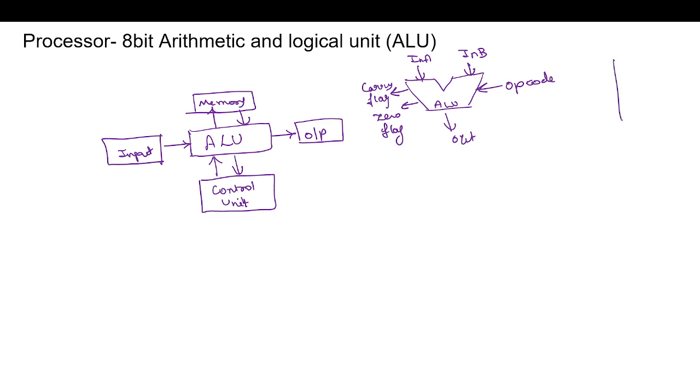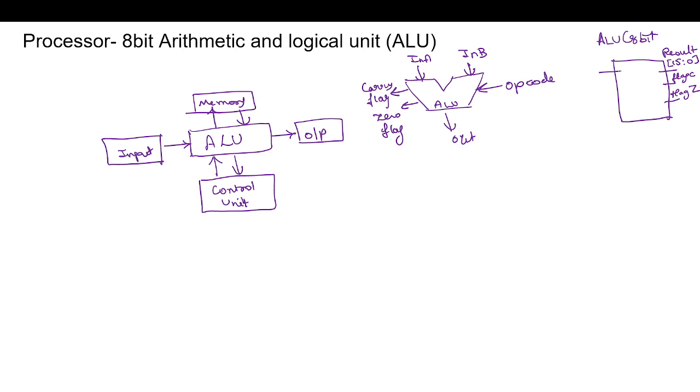So my 8-bit ALU will have a result. If you multiply two 8-bit numbers, a 16-bit output is needed, so let us have a 16-bit result. And then we will have two flags, flag C and flag Z.